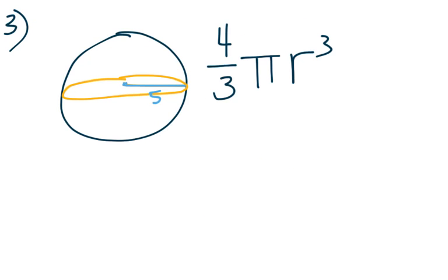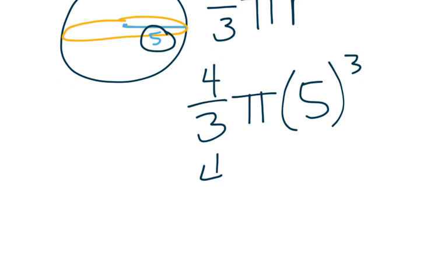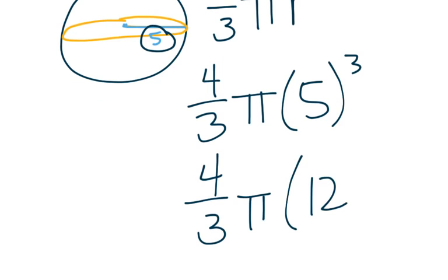For number 3, this is a sphere. So a sphere is like a ball or a globe or the earth. So what we want to do is find 4/3 pi r cubed, where r is the radius. So we are going to say 4/3 pi, and over here we have a radius of 5, so we are going to say 5 cubed, which is 5 times 5 times 5. So 4/3 of pi times 125.